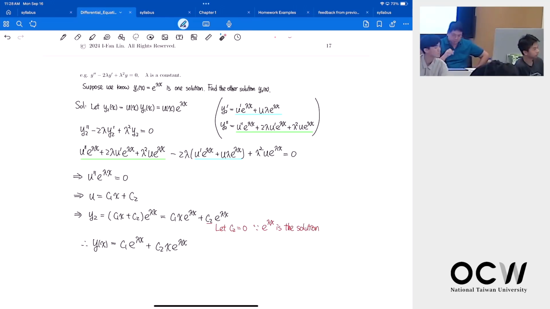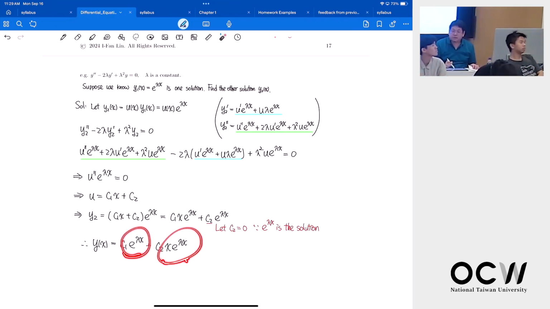Okay. But are you sure that the linear combination of y1, y2 is really the fundamental set of solutions? Are they really linearly independent?